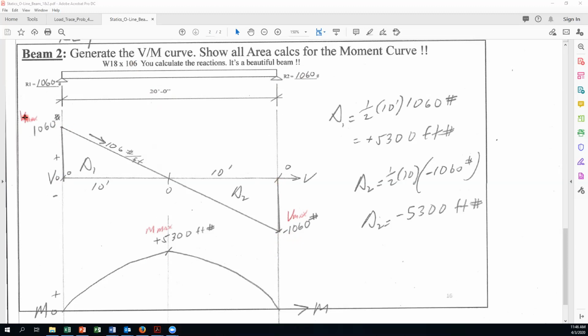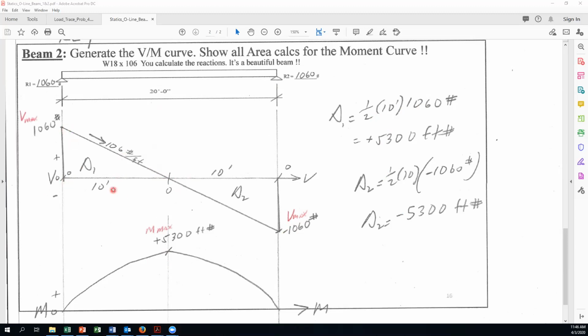Vmax is occurring at both ends of the beam. We'll talk about that later, but that's Vmax. The areas are the same. It's a triangle: 1/2 the length of that segment, times 1060 is the area.